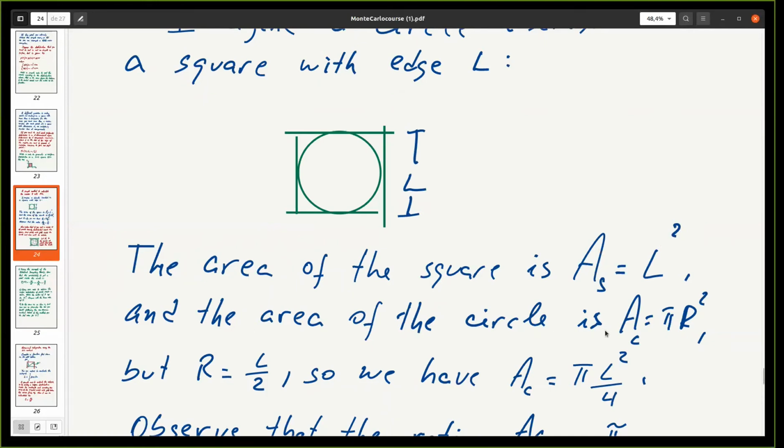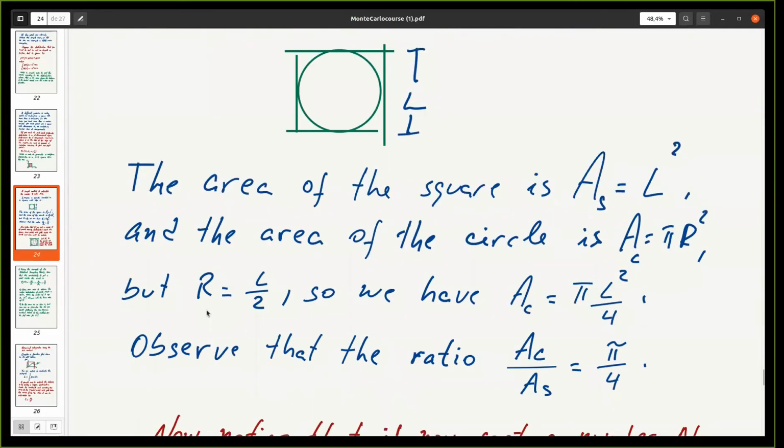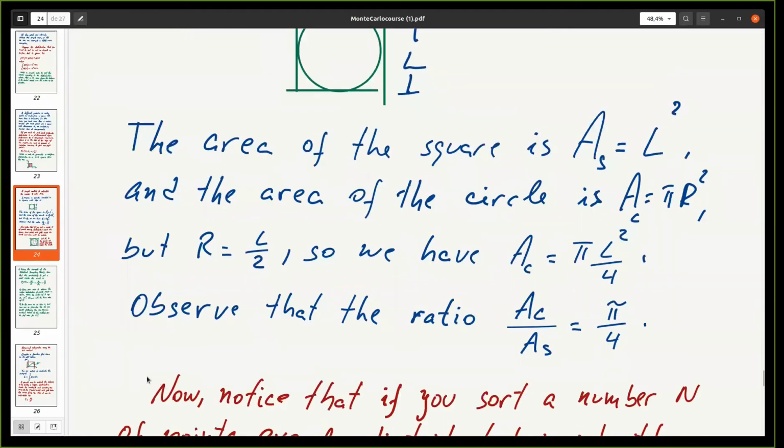And the area of this circle is AC equal to pi times R squared. But R is L over 2 if the circle touches the edges of the square. So AC will be pi times L squared divided by 4. So observe that the ratio AC divided by AS is pi over 4.